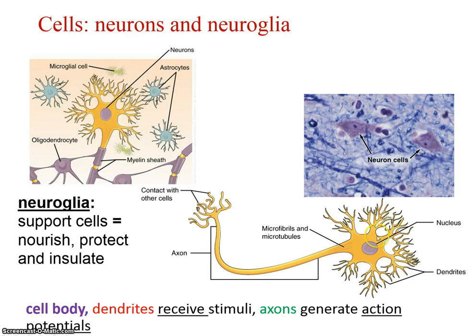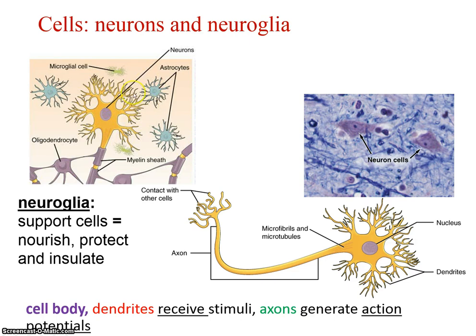All right, so again, special looking cells to do that job. They're like long wires. Lots of processes around the cell to make contacts with other cells. So in neural tissue, you see neurons and neuroglia. Now, neuroglia far outnumber the neurons, but the neurons are the ones that are really doing these starting action potentials and sending them.